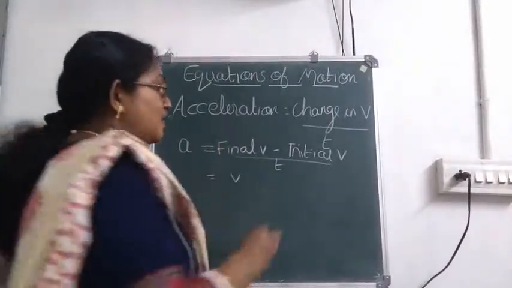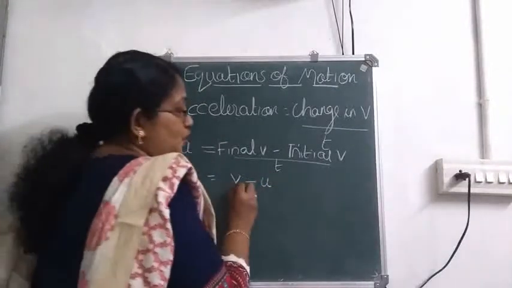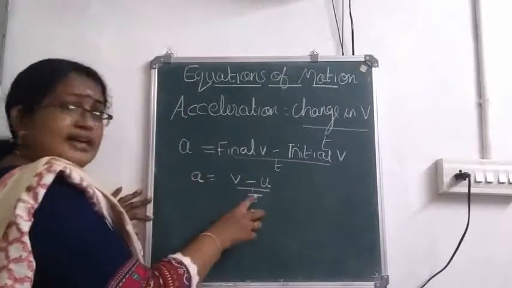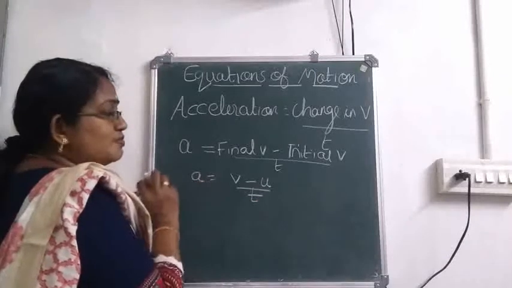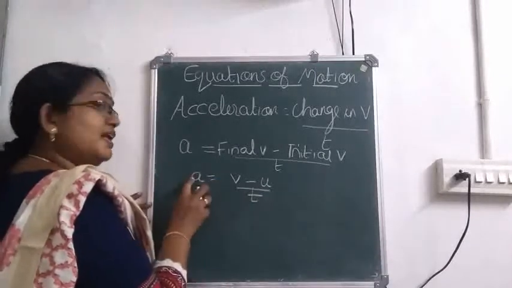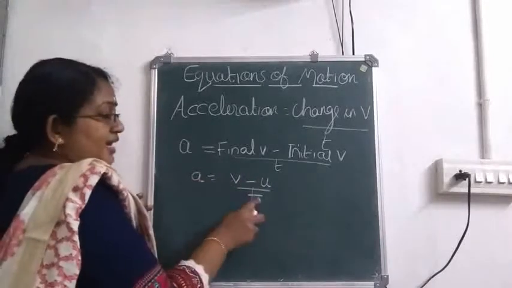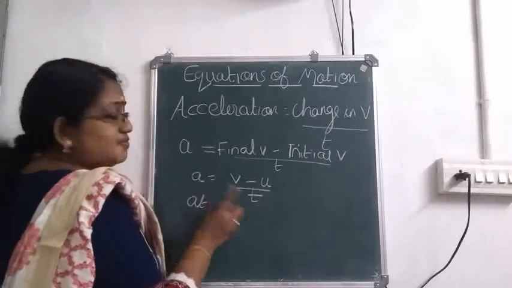So, the final velocity is v, initial velocity is u and time is t. Okay. Now, I'm just cross multiplying this. So, when I cross multiply this, what happens? t will come to this side and v minus u on the other side. a into t is equal to v minus u, and here it is 1, isn't it?